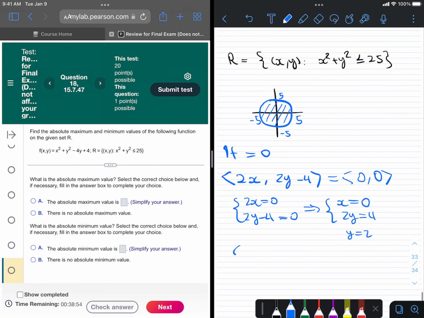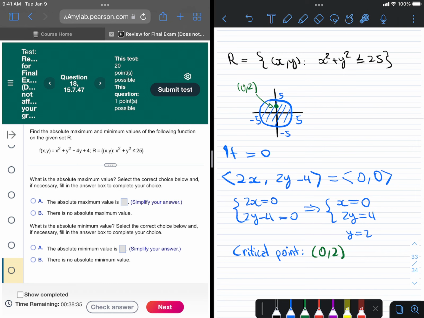So that means the only critical point is (0, 2), which does live inside of the circle. It lives right there, (0, 2). So it is a point I should consider.